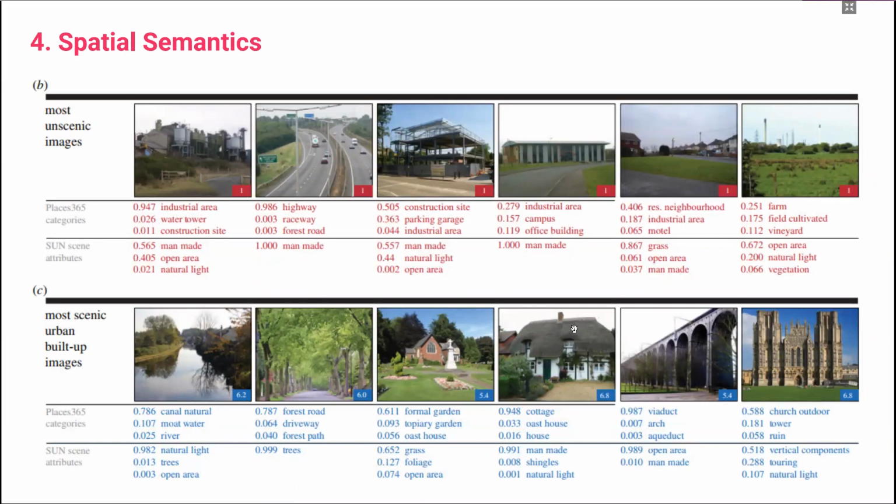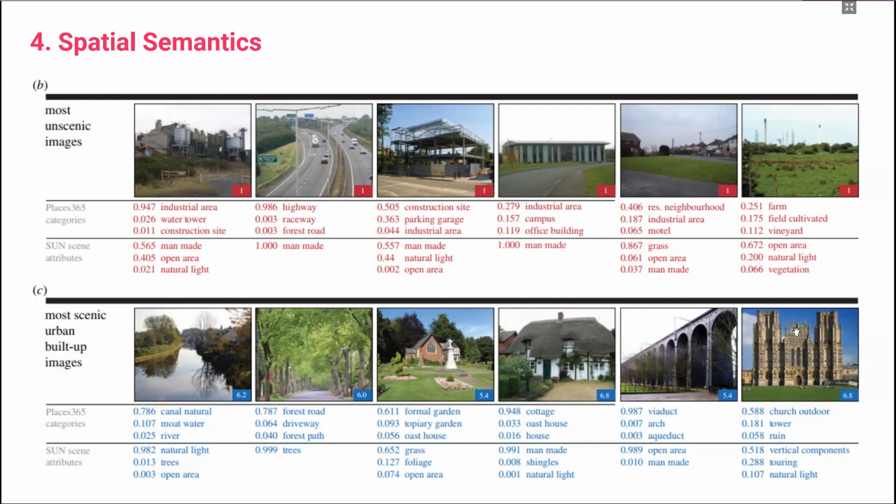There are AI algorithms which, when you feed an image into them, will detect what we see in those images. For example, if you look at the first phrase of Places 365 categories, the first phrase of each of the images, you'd find that it's pretty accurate.